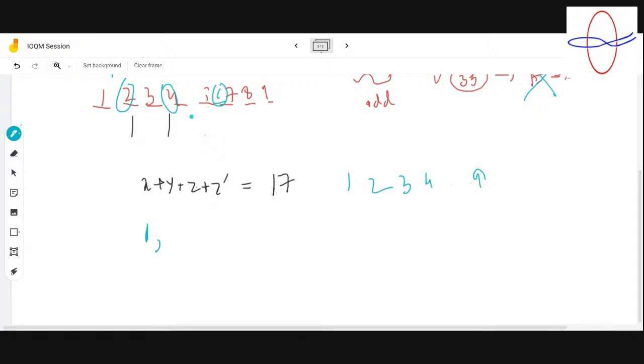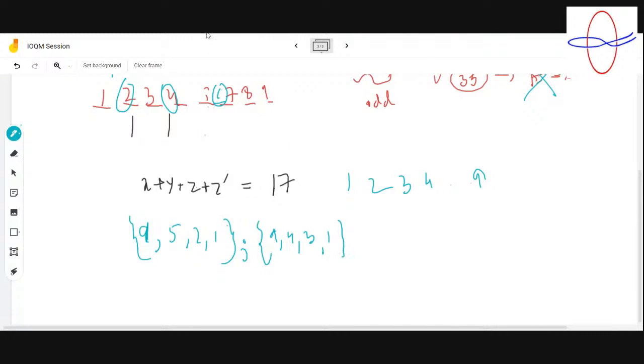Observe that these are the only possibilities. 9, 5, 2, 1. Yes. 9, 4, 3, 1.